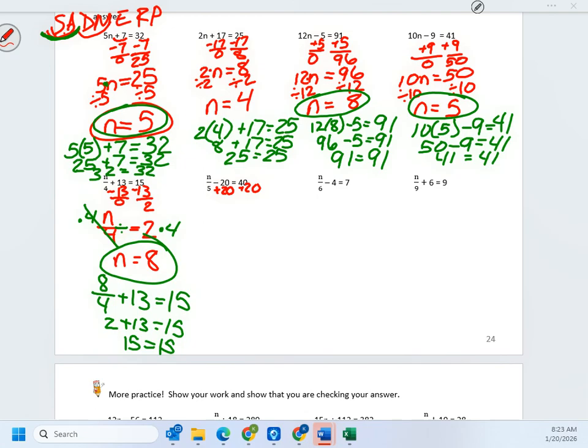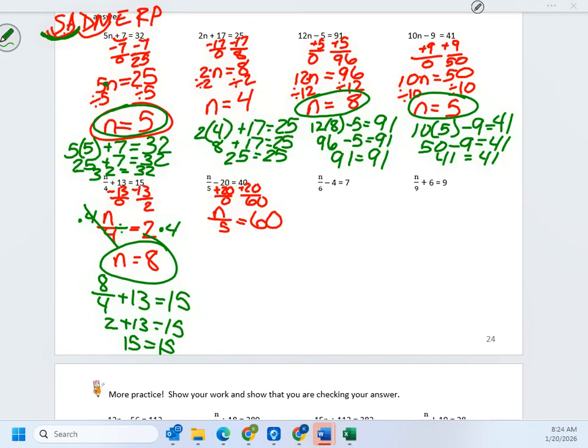Negative 20 plus 20 is 0. 40 plus 20 is 60. So I'm going to bring down my n over 5 equals 60. Now I have n over 5. Think about what invisible math is happening there.